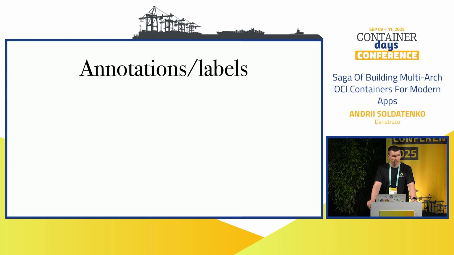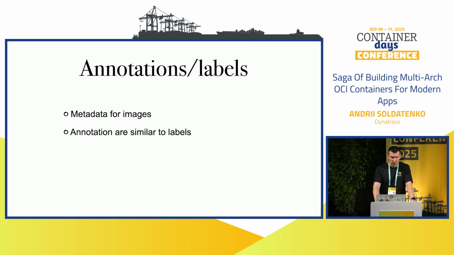So you must annotate, so it prevents some security attacks, so they know it's your image, kind of. And as I told you, it's just metadata for images. They are similar to labels, and they can overlap. They serve the same purpose.